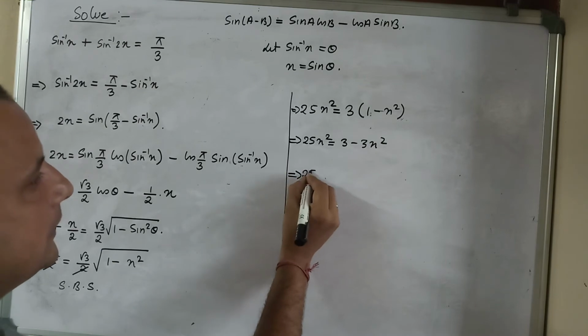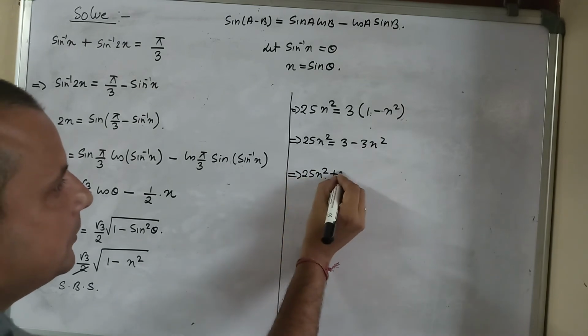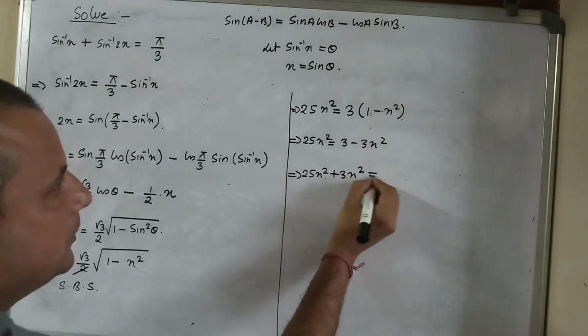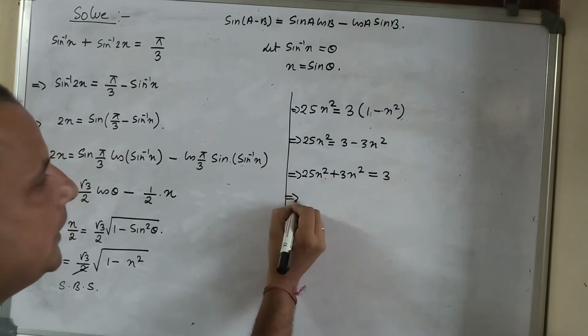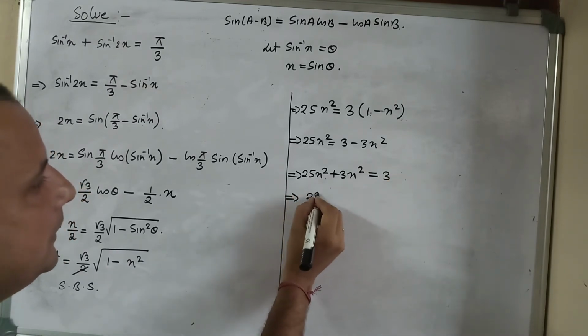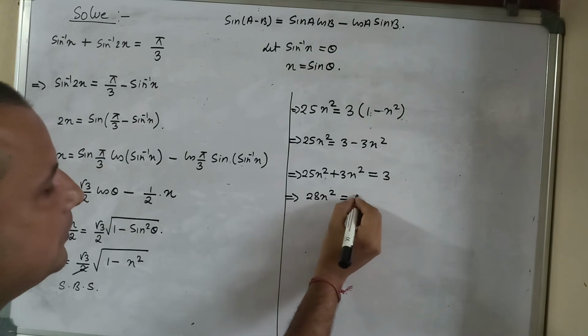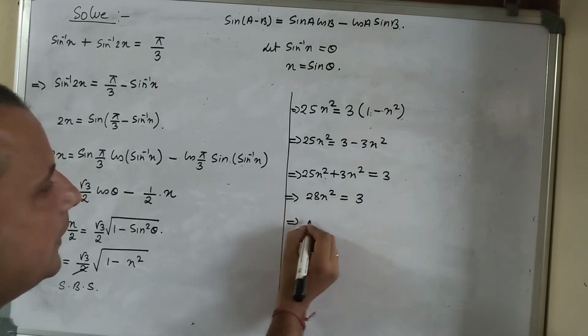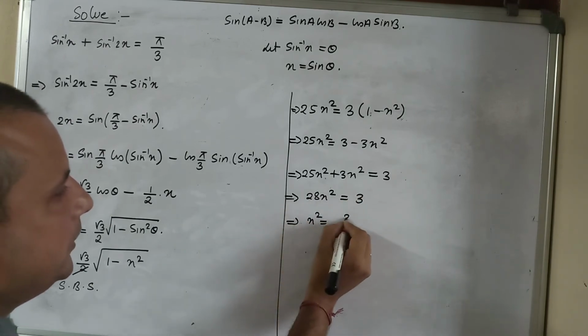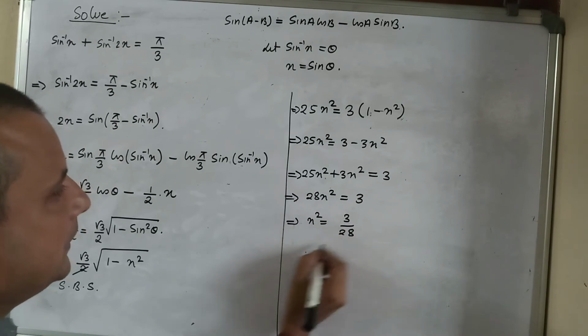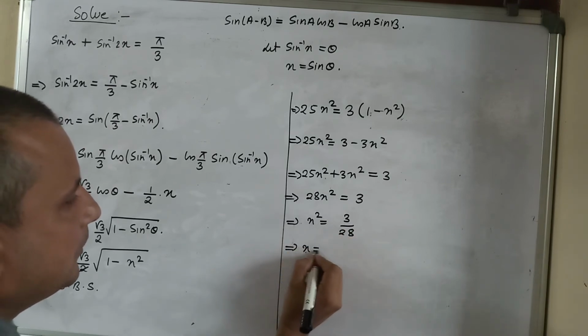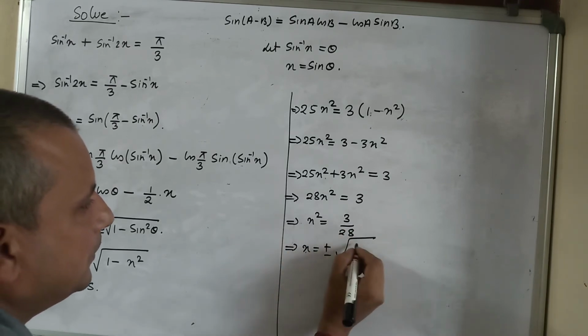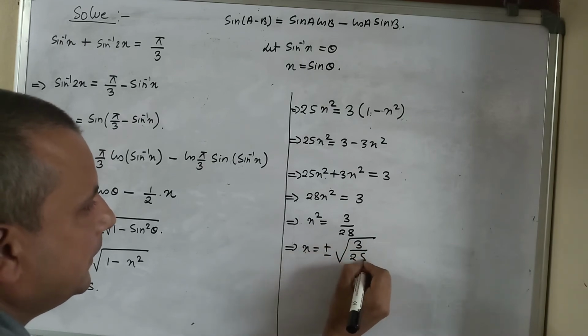Like terms on one side again, plus 3x square equals 3. 25 plus 3 is 28. 28x square is equal to 3. Then x square is equal to 3 over 28. Then x is equal to plus minus root 3 by 28.